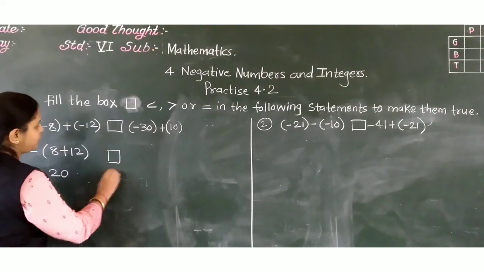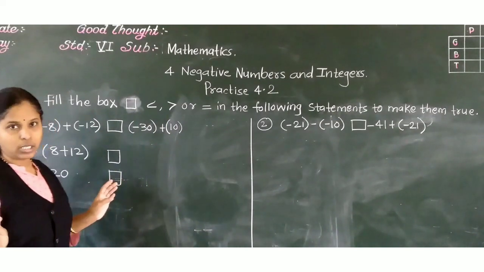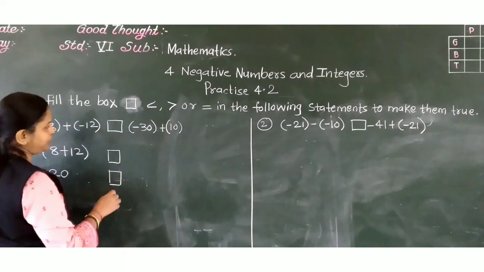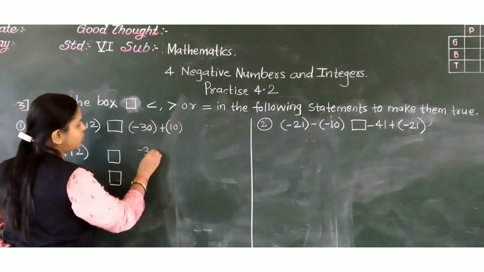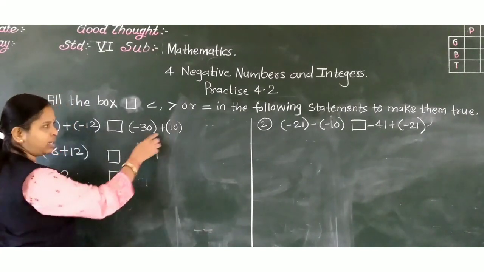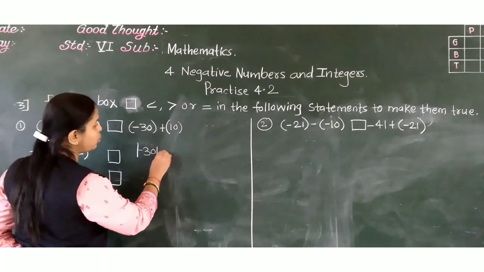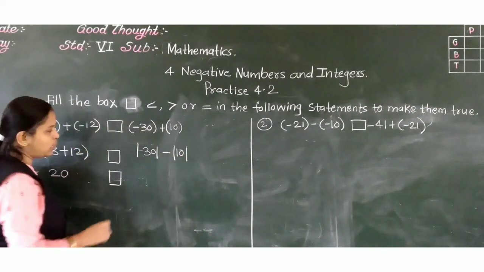And here, see, both have different signs. So what do we have to do? Take the absolute values. Now the absolute value of minus 30 is greater than the absolute value of 10, and we have to do the subtraction of their absolute values.